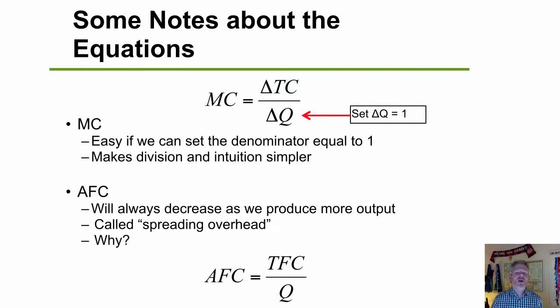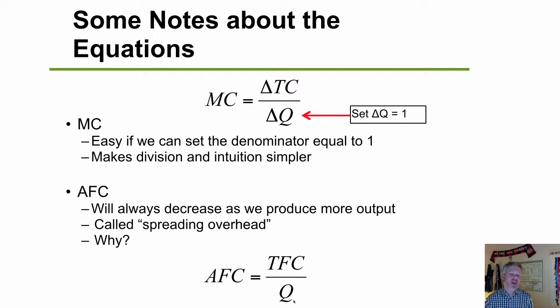The average fixed cost is always going to decrease as we produce more output. This is called spreading overhead. Notice the relationship here: average fixed cost equals total fixed cost divided by Q. The total fixed cost does not change as Q changes.